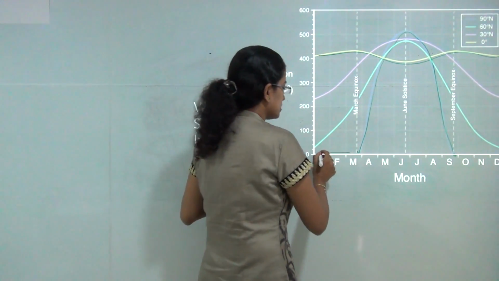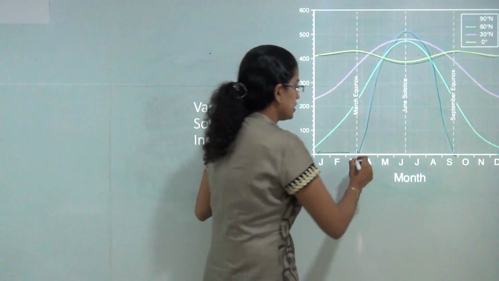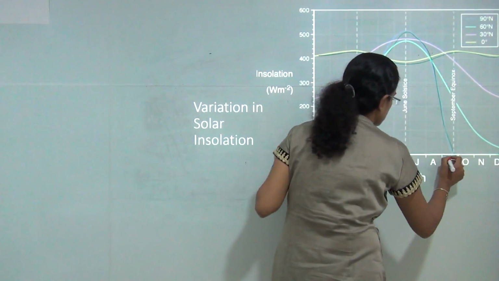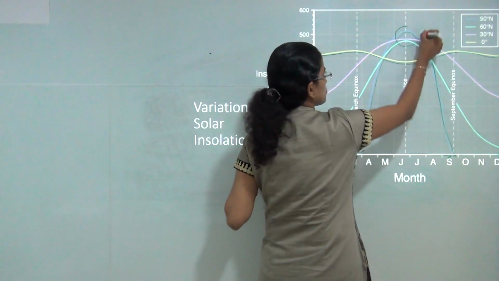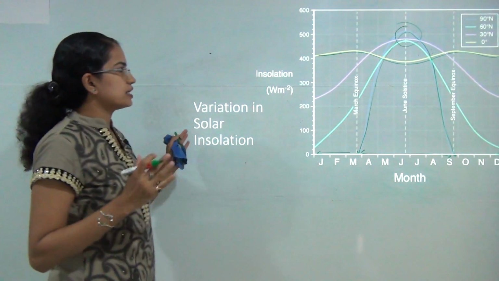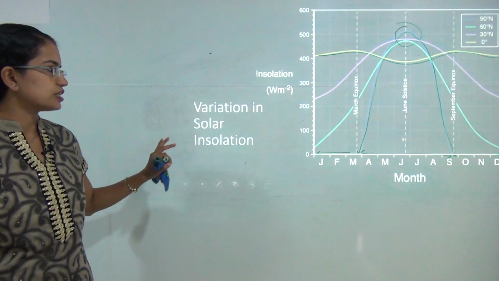For the 6 months of night, you do not have any insolation. You have the incoming radiations only for the 6 months, and that peaks in the months of June and July. So that is how we understand the variations in solar intensity or solar insolation.